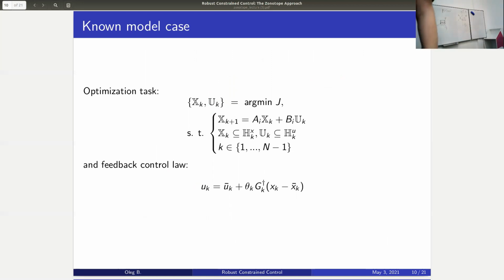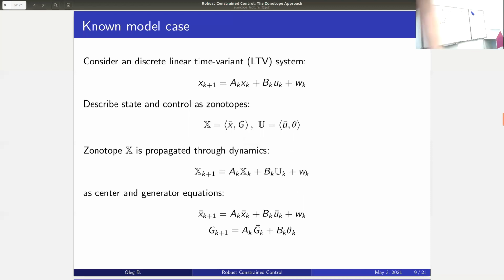Because this approach can give us feedback gains for time-variant systems with constraints satisfied. And in future steps, we go from this simple form to the form that I showed on the first slide, and we need these tricks to find solutions for much more complex systems.